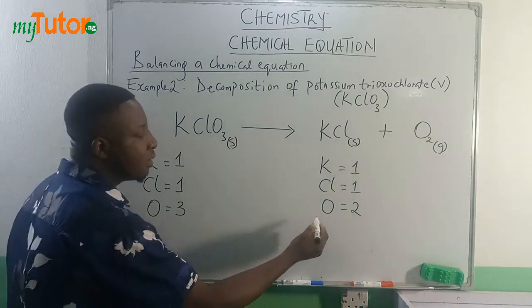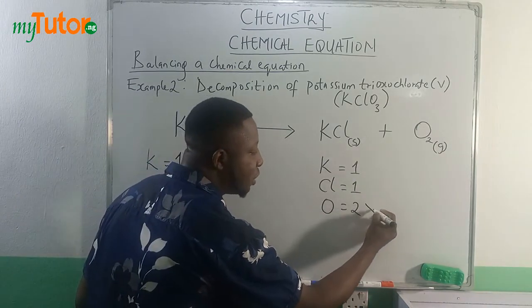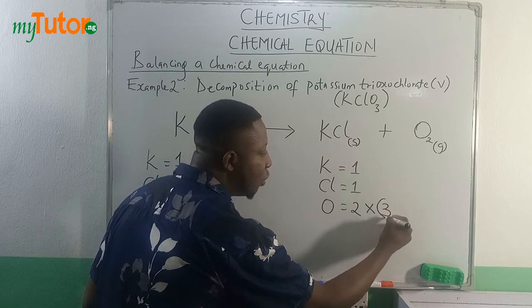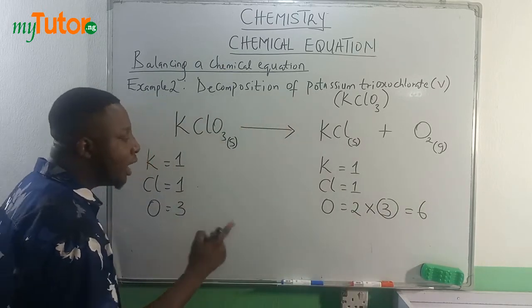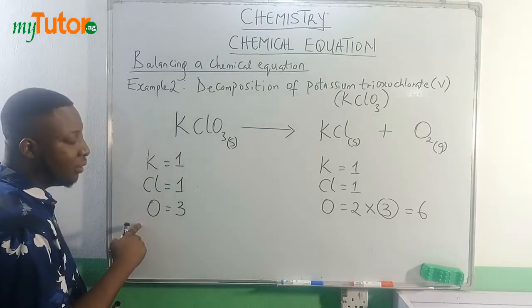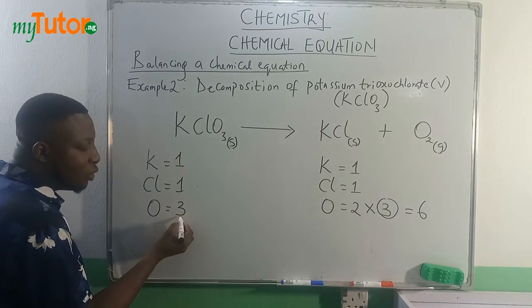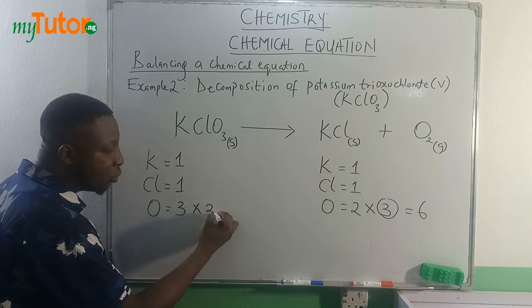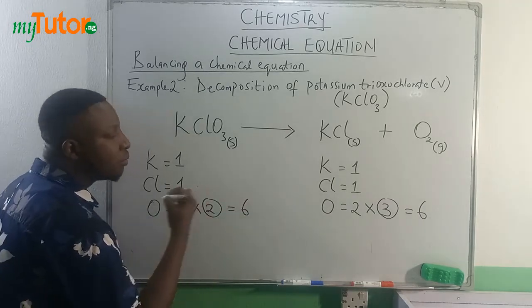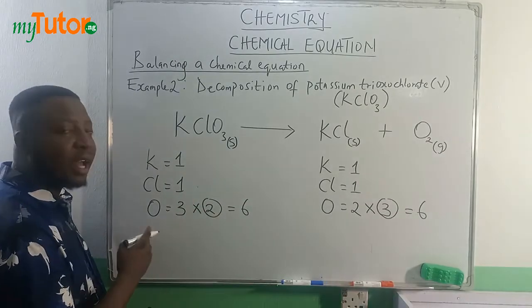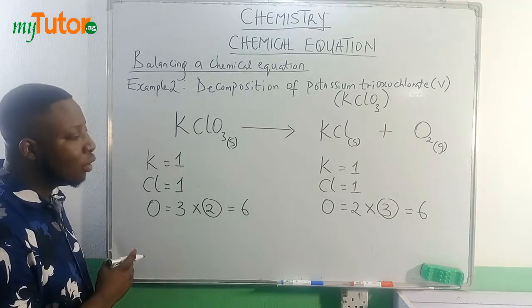So on our right hand side, we can multiply our oxygen atom by the number 3. So 2 times 3 will give us 6. So in order to get 6 on the left hand side, we also need to multiply this number 3 by the number 2. So by multiplying our 3 by 2 will give us 6. So we now have 6 atoms of oxygen on both sides of the equation.